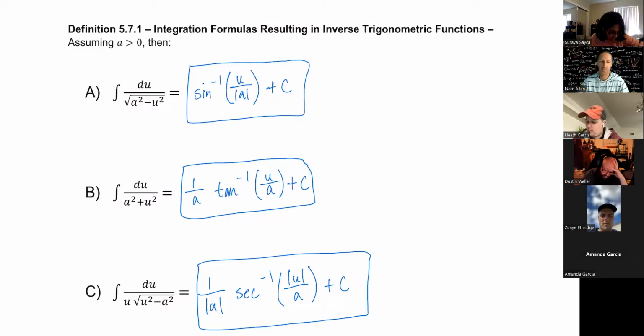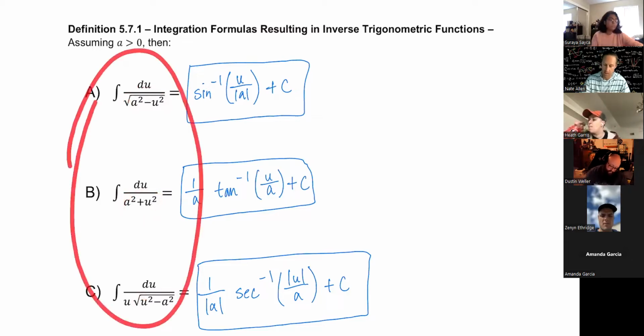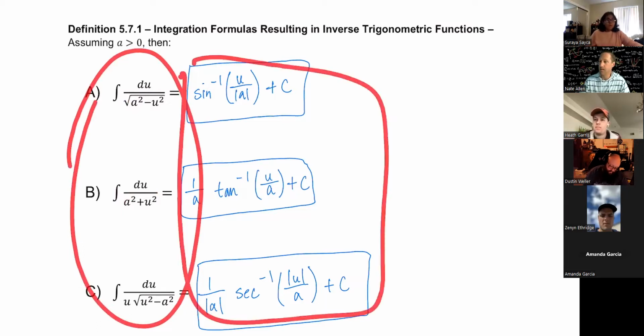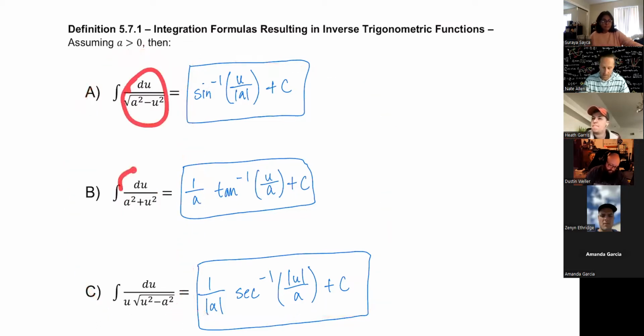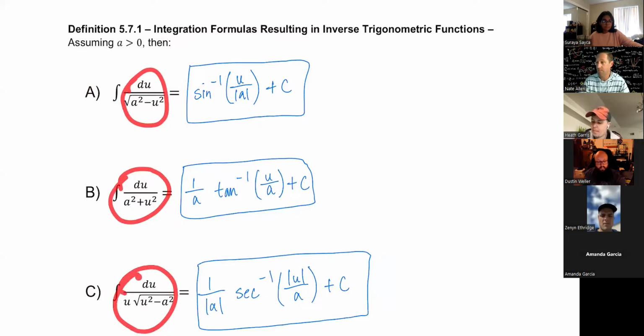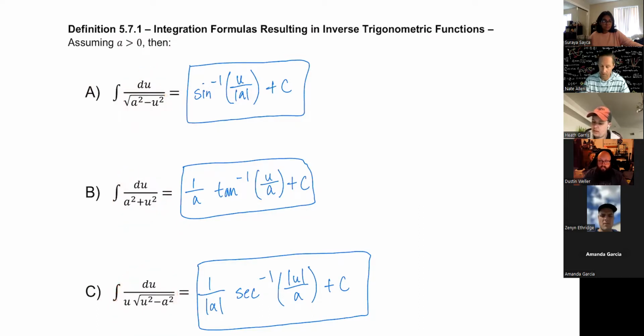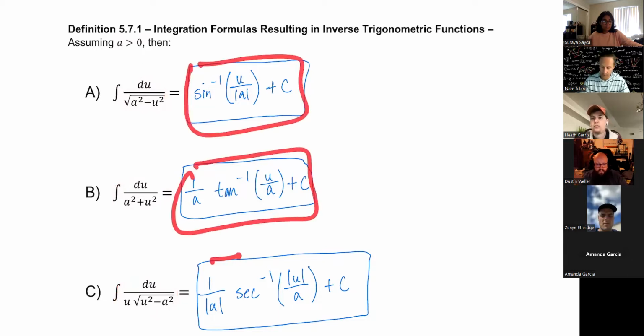So whenever you see square roots in fractions, or a fraction with perfect squares in the denominator, then you're going to want to go and look these up to see, hopefully, it matches the criteria that you were given. And then you will just replace it with this.